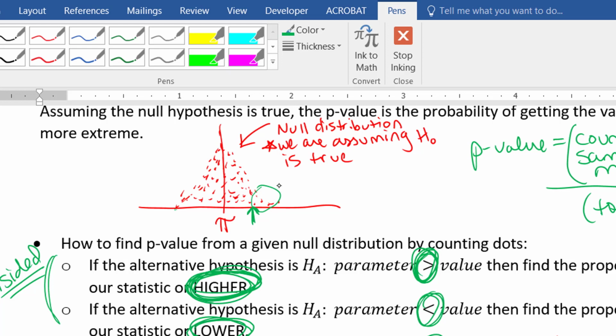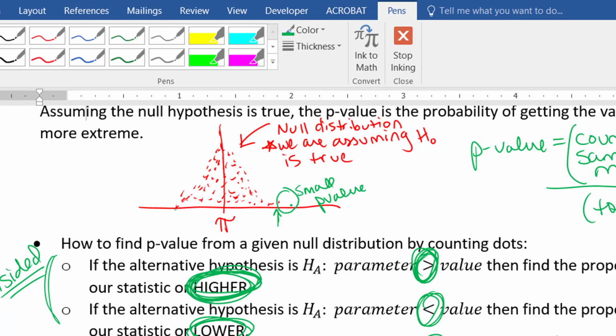However, if your p-hat were further out in the tail, say out here, there's even fewer dots like yours or more extreme. This would be a very small p-value. In my little drawing, it looks like there's only one dot out of the total that are like my sample statistic or more extreme.